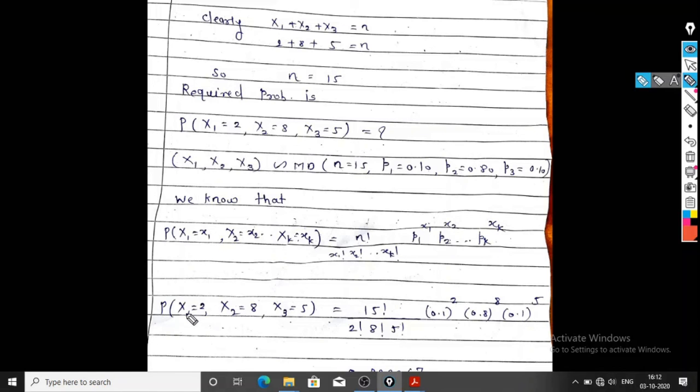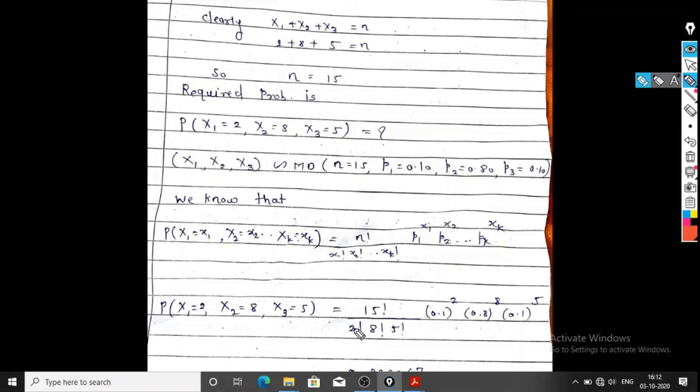So the required probability, that x1 is equal to 2, x2 is equal to 8 and x3 is equal to 5, is equal to what? 15 factorial, because the value of n is 15. The value of x1 is 2, x2 is 8 and x3 is 5.